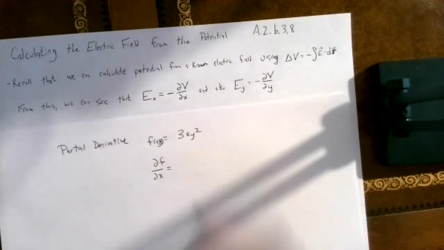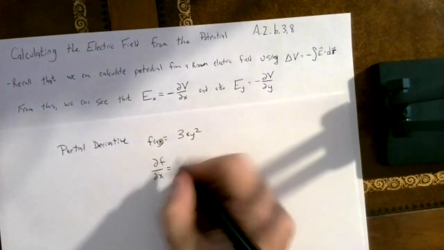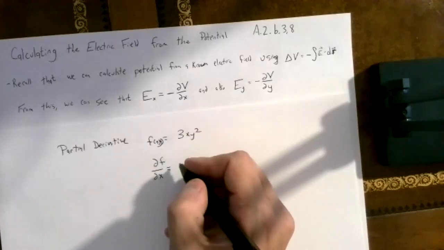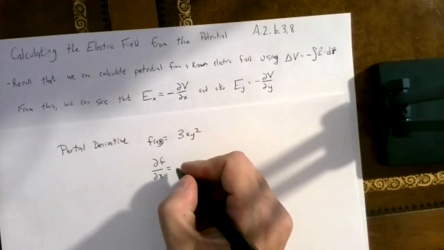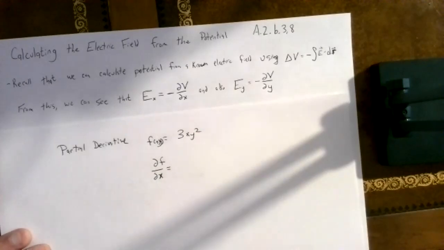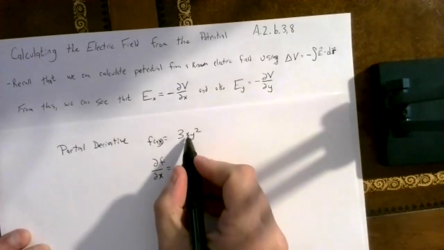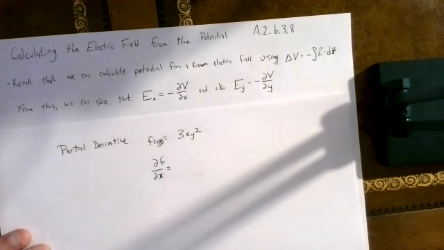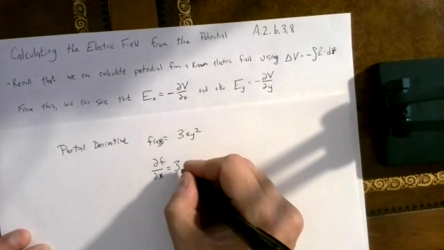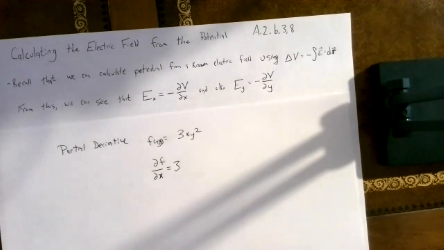Anybody see what that's going to be? So in that case, since we're taking the derivative with respect to x, we would assume every other quantity is a constant. Well, so just with respect to x, we have 3 times 2y dy/dx.